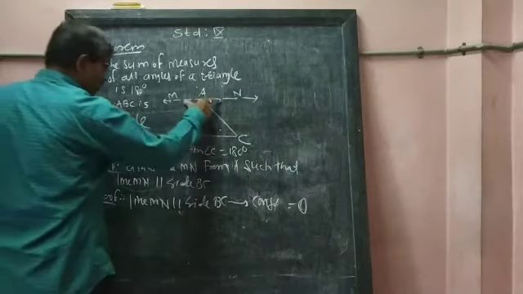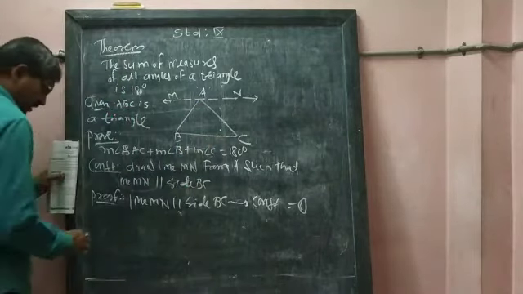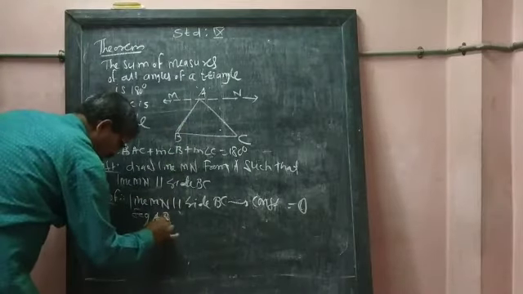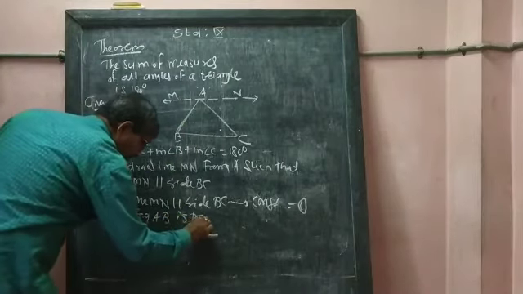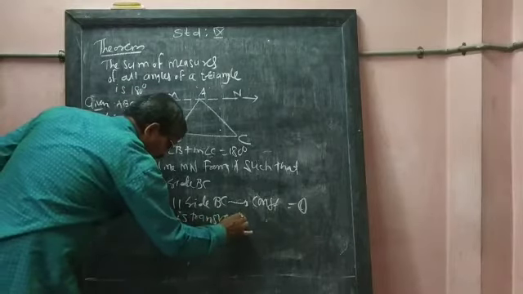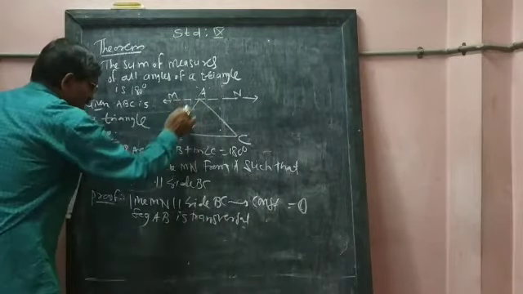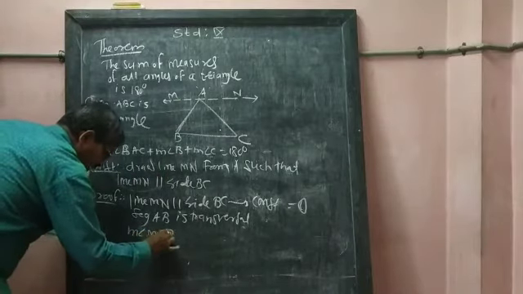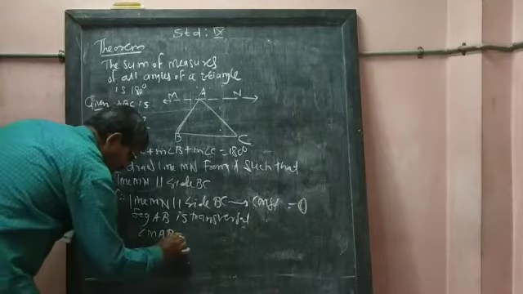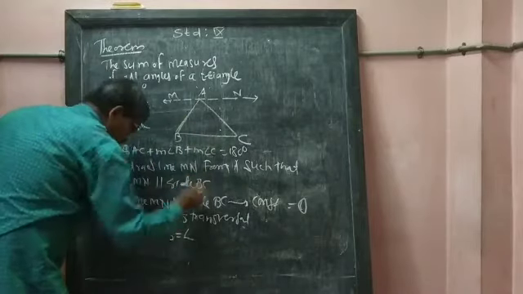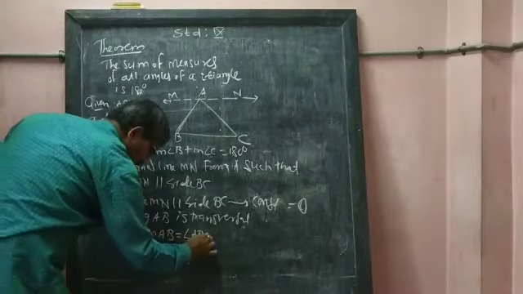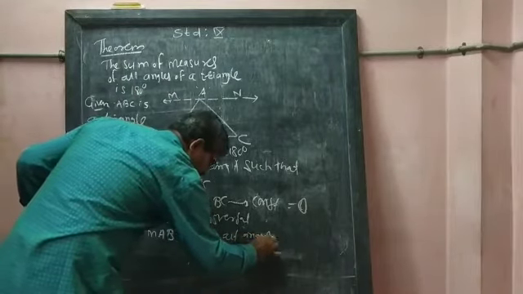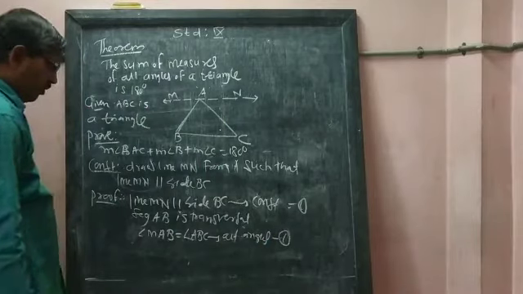Then line MN is parallel to side BC, and segment AB is a transversal. Therefore, angle MAB is equal to angle ABC. Why? Alternate angles. This is number 1.